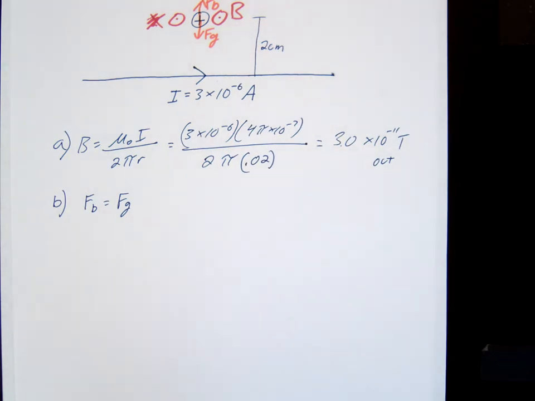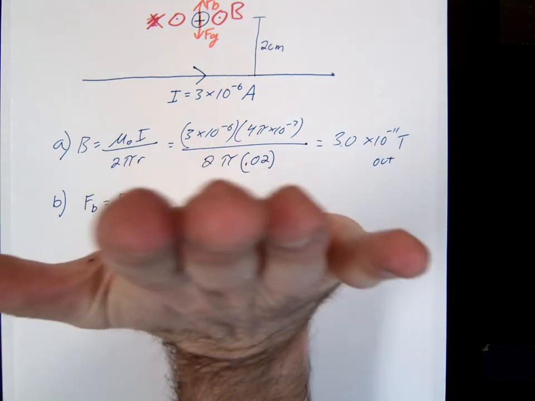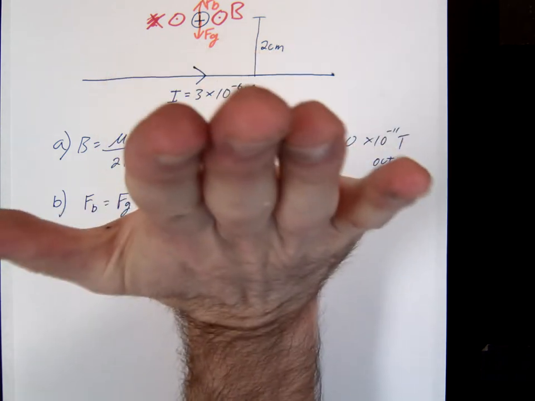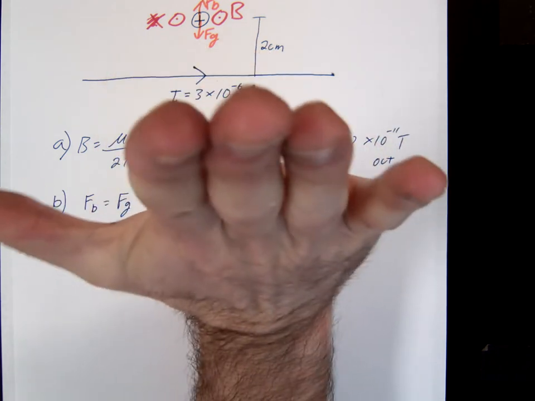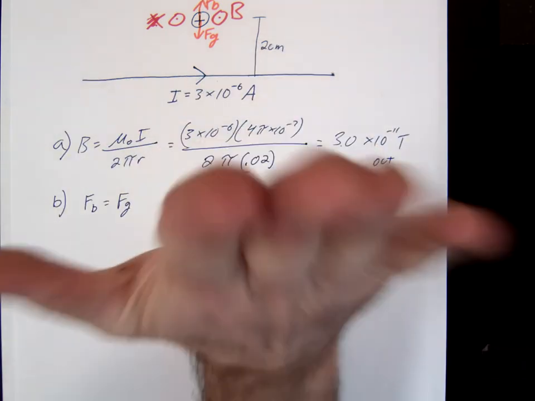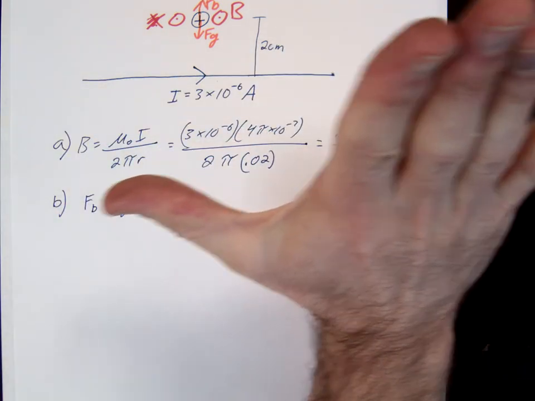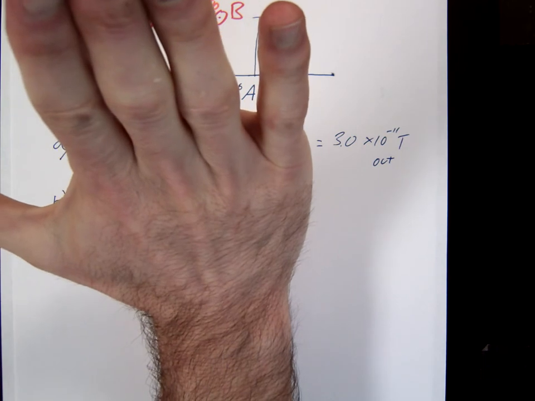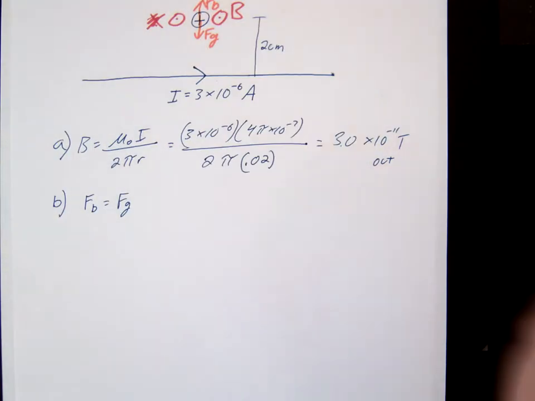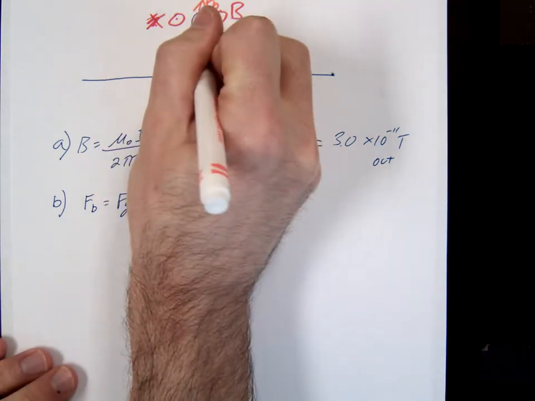So remember, our palm represents the force, right? And we want the B to come out. So my fingers are coming out, right? My thumb is therefore pointing in what direction? To the left or to the west. So the direction that the velocity needs to be is this way.